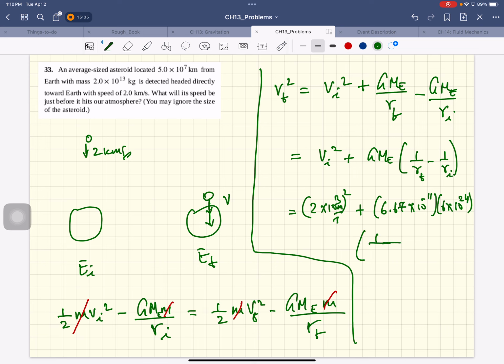Our final is the radius of the Earth, 6.4 times 10 to the 6 meters, minus our initial, which was 50 times 10 to the 6 meters. Okay. So that's 10 to the minus 11, that's 10 to the power 13, and so 10 to the power 7 is what is left.